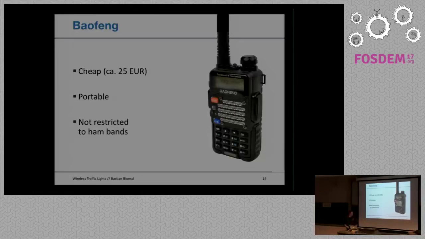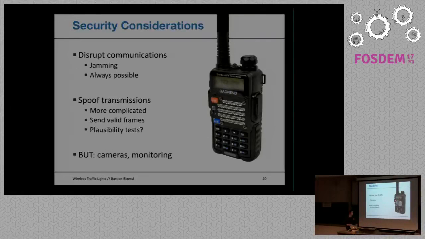And then I remembered that at some point I bought this incredibly cheap device from China and never actually used it. It turns out with this 25 euro device, it's very nice because it's cheap and it's portable. And even in the link on Amazon, it said 172 megahertz. If you play around with it, it turns out that it can actually work, or at least I wanted to give it a try.